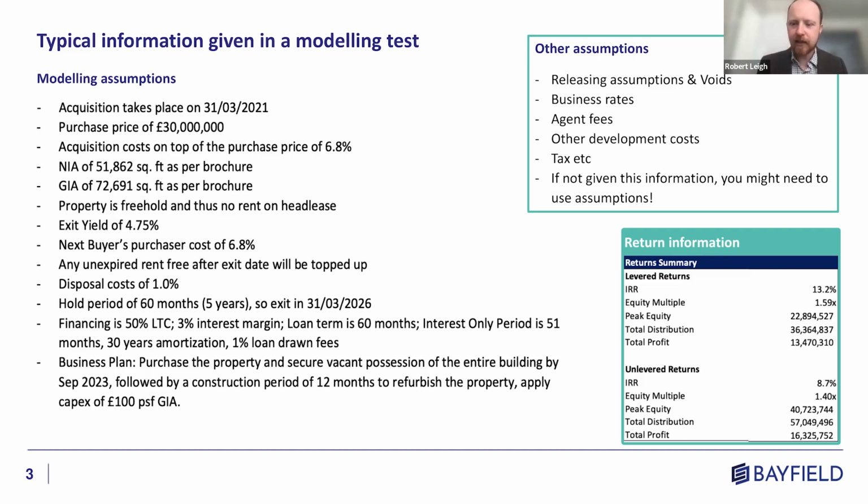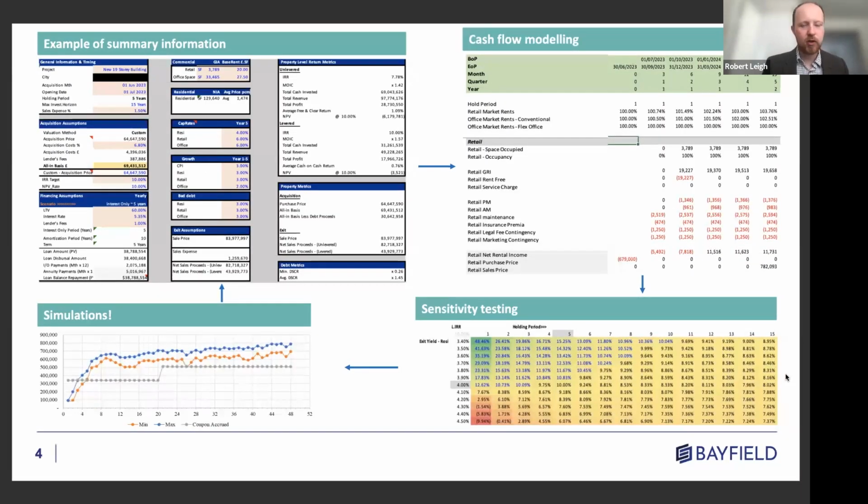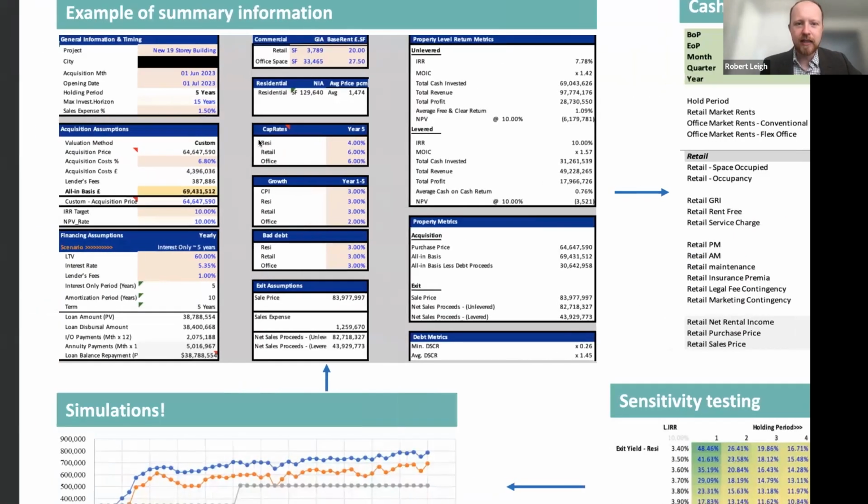In the bottom here, we can see some of the return information, and we'll see return information later on, how we will present some of it. So on the next slide, what I've got is an example of some of the information that you might need to create. I know some of this is quite small, so I'm going to zoom in slightly so you can see.